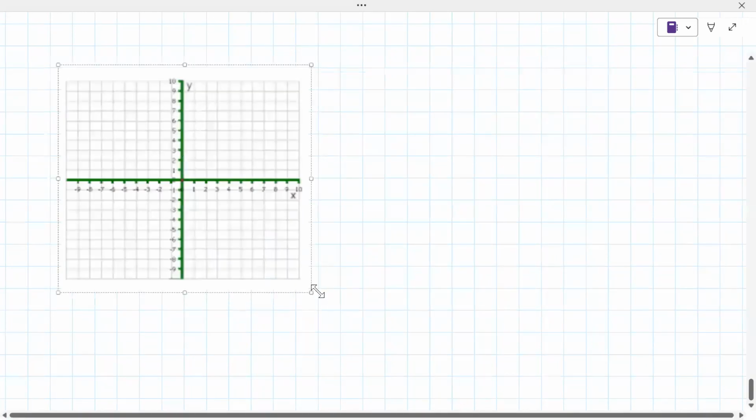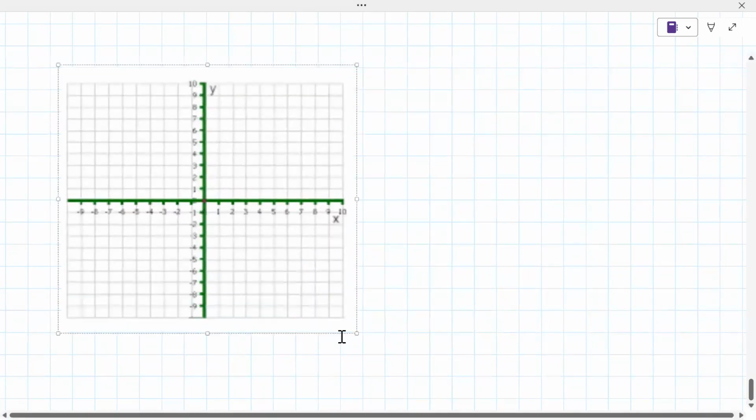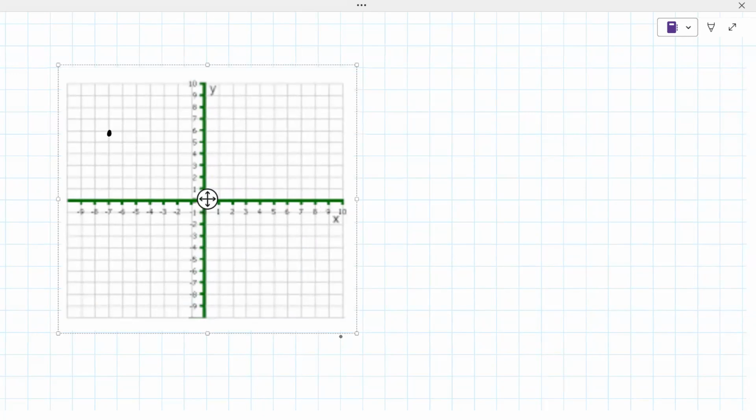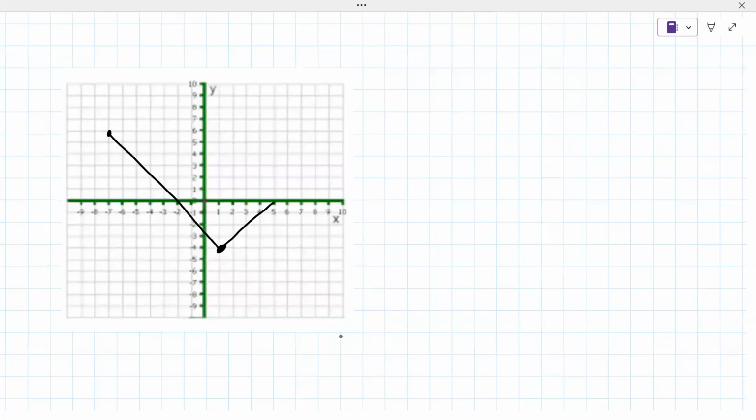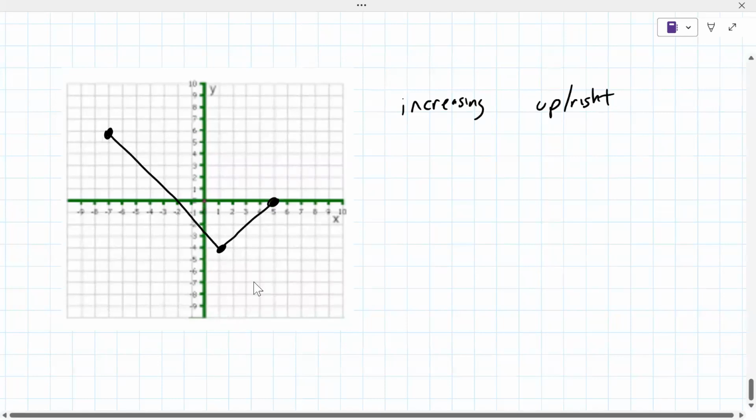Okay, so I'm gonna put something on here. Okay, I want you to tell me where this graph is increasing, where it's going up and to the right. And it's the x values that we're looking for. What are the x values where it's going up and to the right? So like where my cursor is, what is the x value?